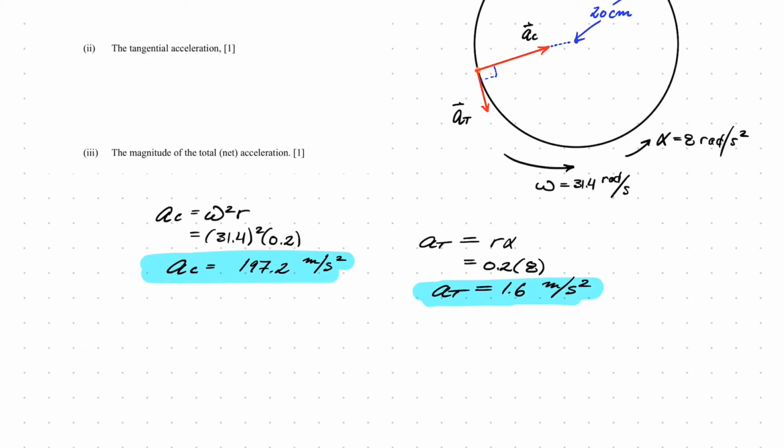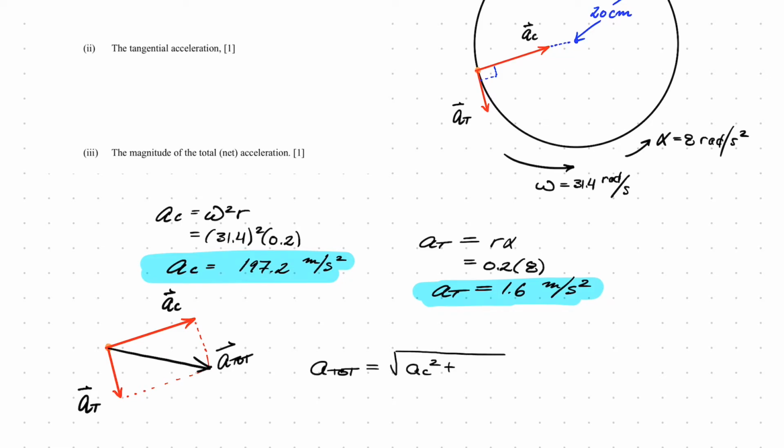I can draw these 2 components of the total acceleration, and because the centripetal and tangential components are 90 degrees to one another, we can simply use Pythagoras to determine the magnitude of the total acceleration vector. So the square root of the magnitude of the centripetal acceleration squared plus the magnitude of the tangential acceleration squared gives a value of 197.2 meters per second squared.